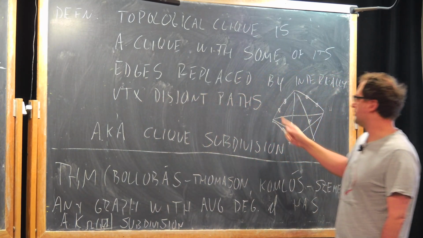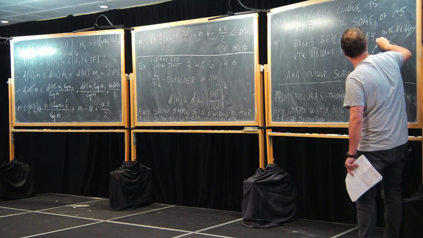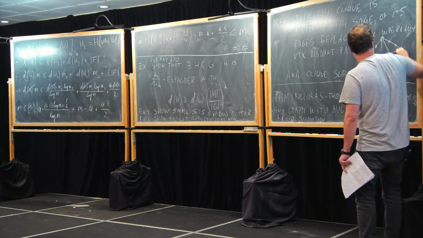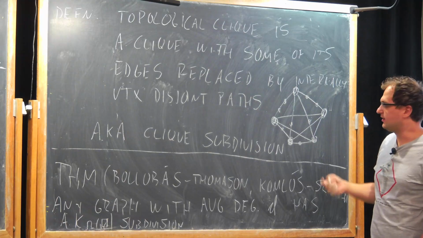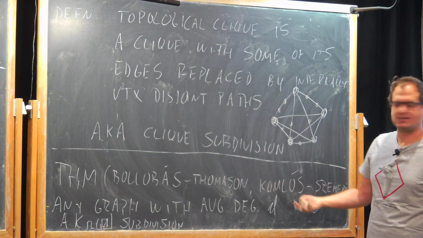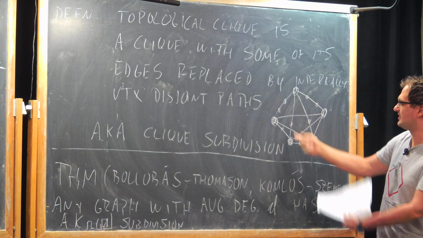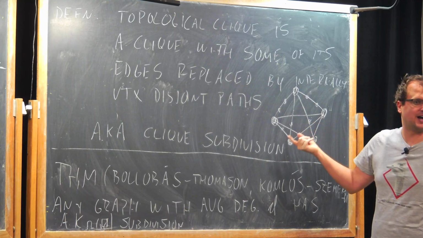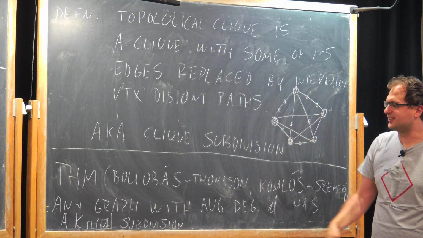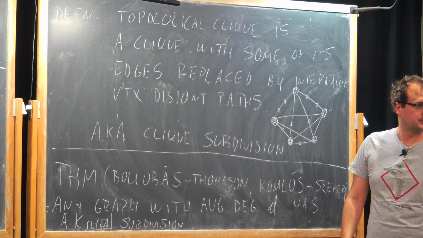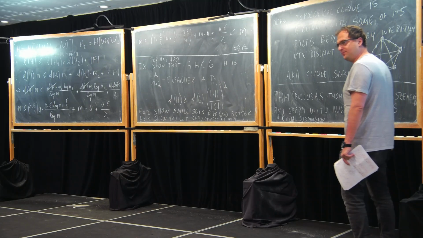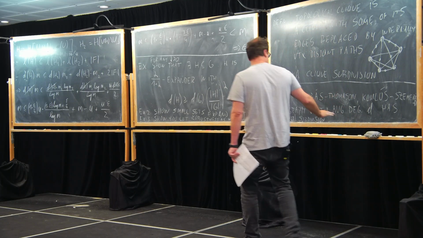The order of the topological clique is the number of so-called anchor points, the ones that play the role of your actual clique. If you think about it as subdivisions, this is a subdivision of a K5. So I'm just saying that it has a topological clique of order at least a constant times root D. Okay? It's a very nice, clean theorem.